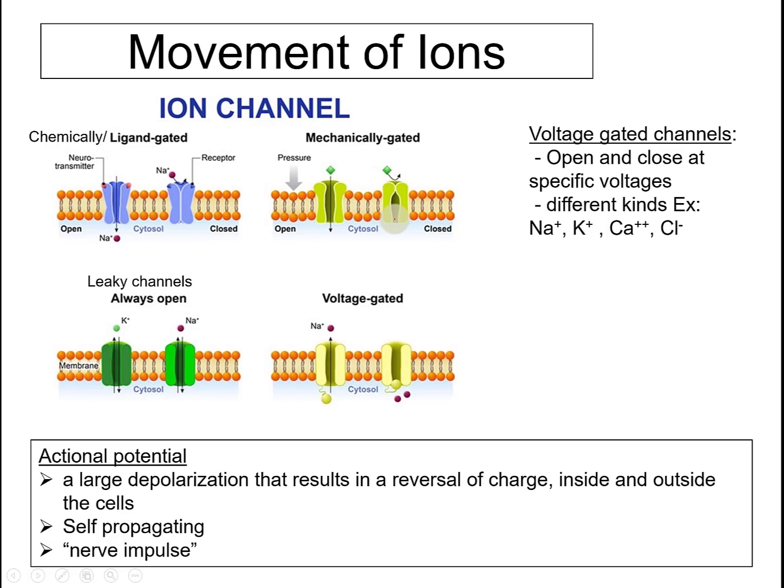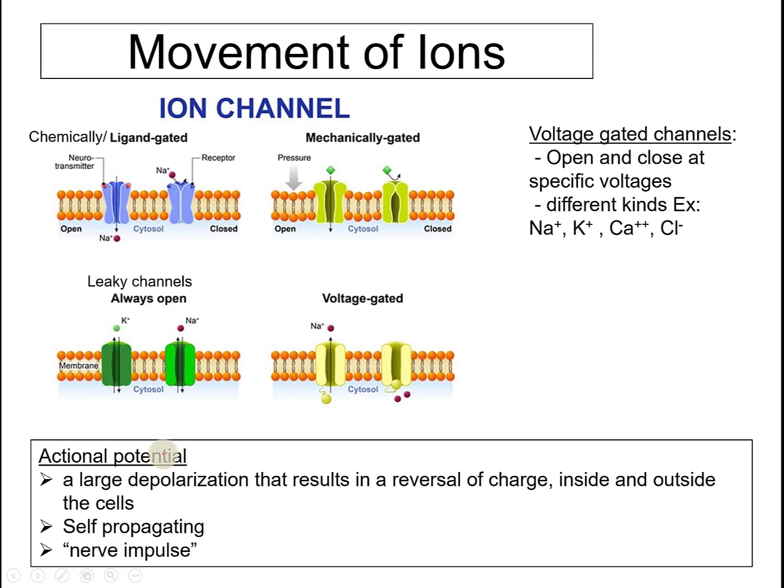Okay, so when it comes to an action potential in a cardiac muscle cell, they are mainly controlled or caused by voltage gated channels opening and closing at specific voltages. There are different types of voltage gated channels based on what ions they let in and out. So there's sodium voltage gated channels, there's potassium, calcium, chlorine.